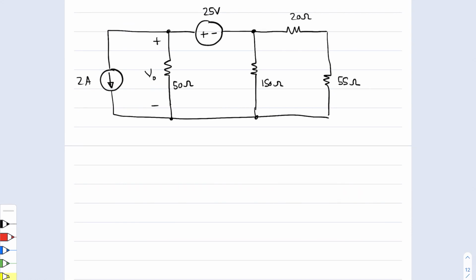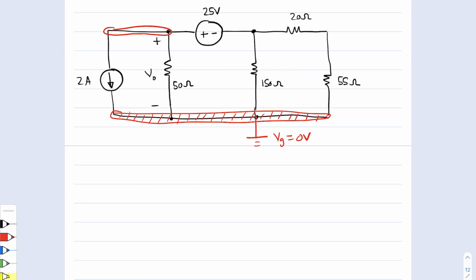First and foremost, we need to identify the nodes. So very clearly there's one very large node down here, like so. I already know that I'm going to choose this one as my ground. So I'm going to say that this is the ground node and this has a node voltage of 0.